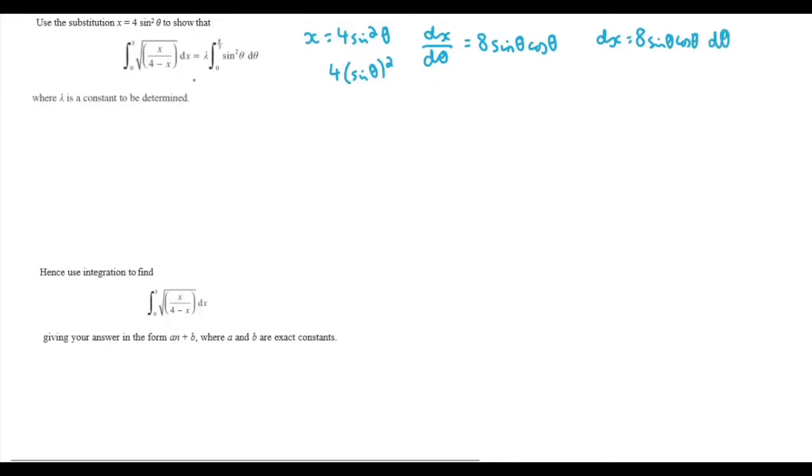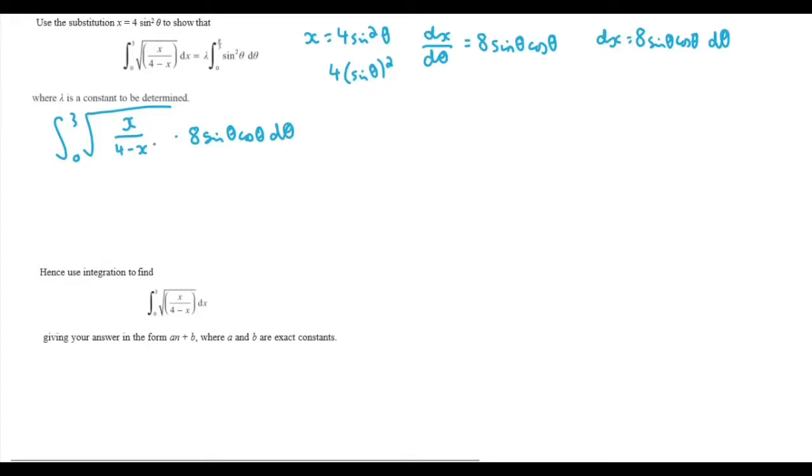When we make this initial substitution, then we can say that we are between 3 and 0 under the square root of x over 4 minus x, and then this is being times by 8 sine theta cos theta d theta.